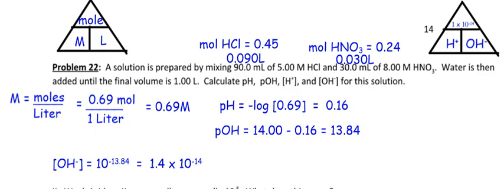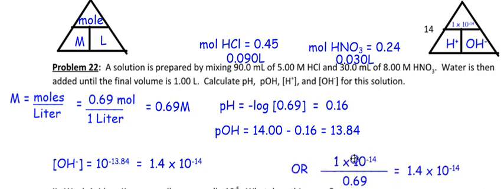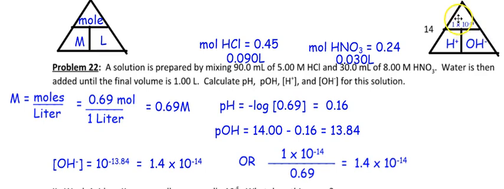Or I can do it this way: we have our Kw divided by H plus, which will give us our hydroxide also. So our Kw is 1 times 10 to the negative 14, divided by 0.69, and I get 1.4 times 10 to the negative 14. That's the same number, isn't it?